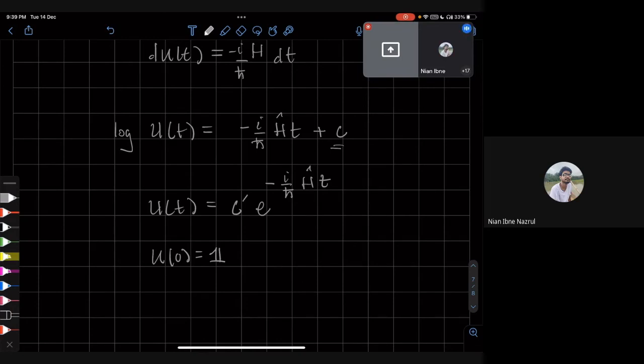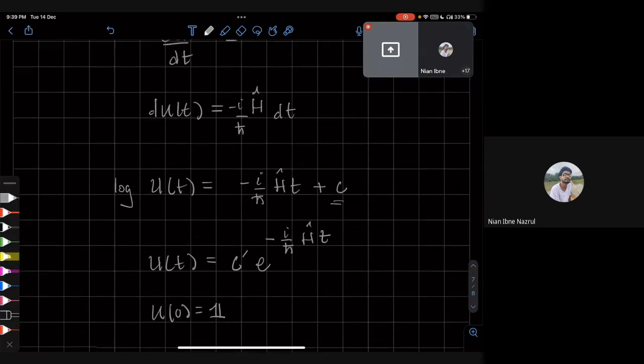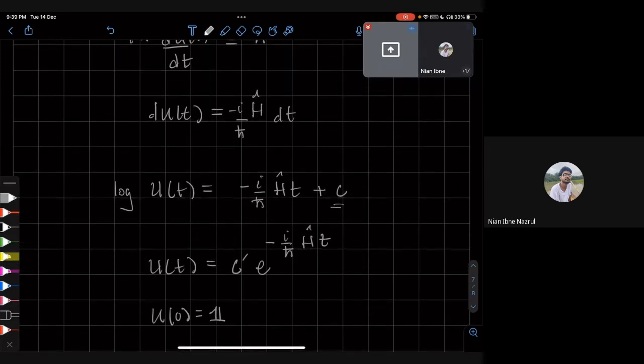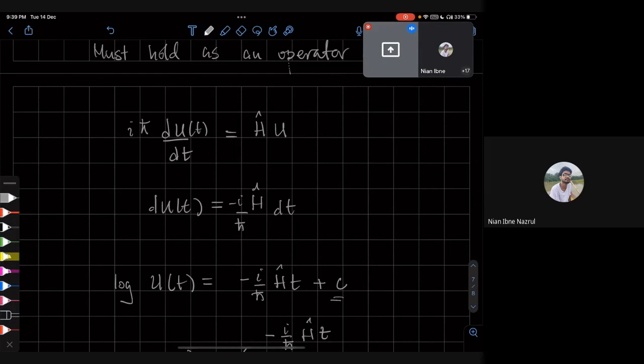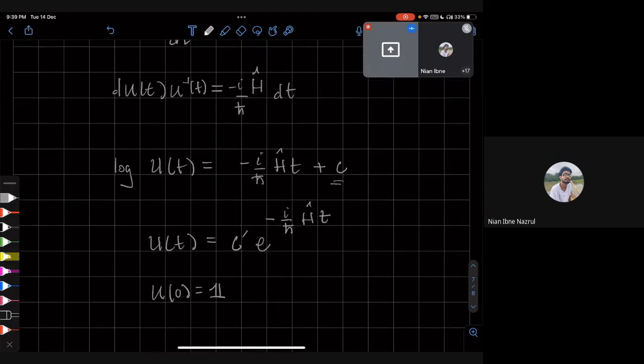Sir, shouldn't there be a U at the right hand side of H, like in the first line? Yeah, you're right. So there should be U of t, and then there would be a U inverse of t. Yeah, sorry about that. Okay, thank you.